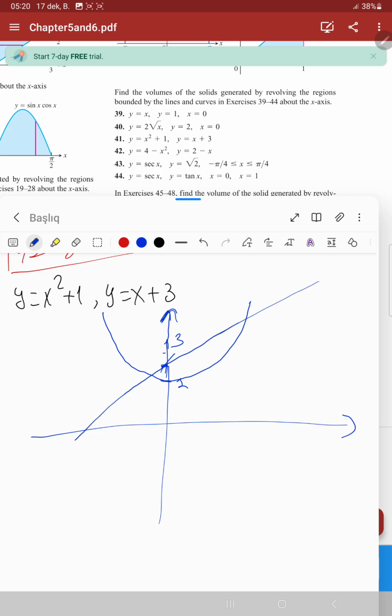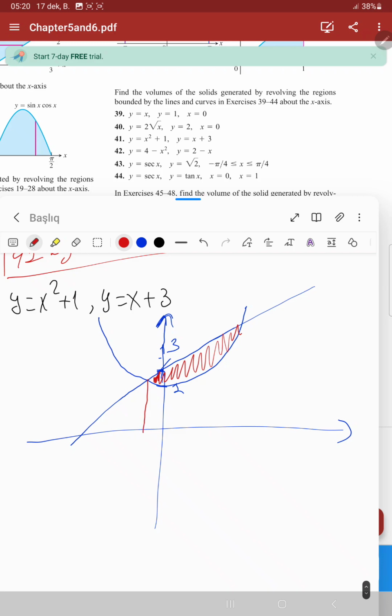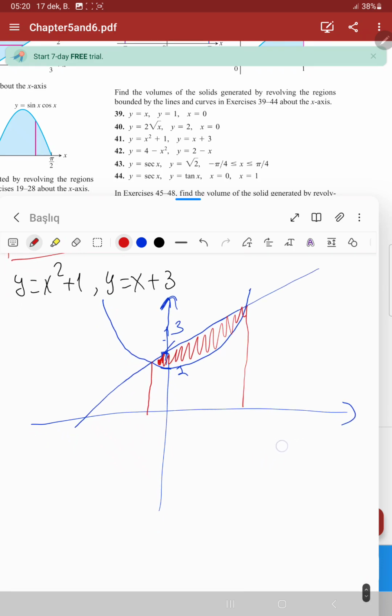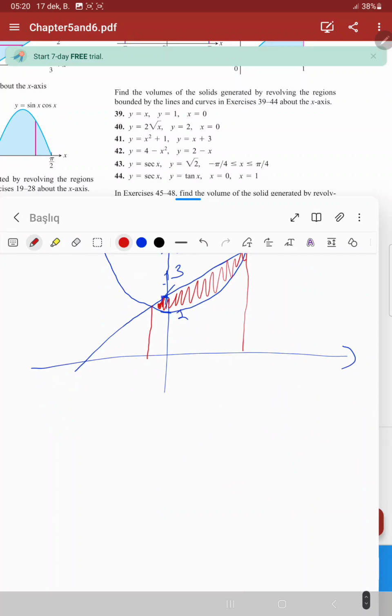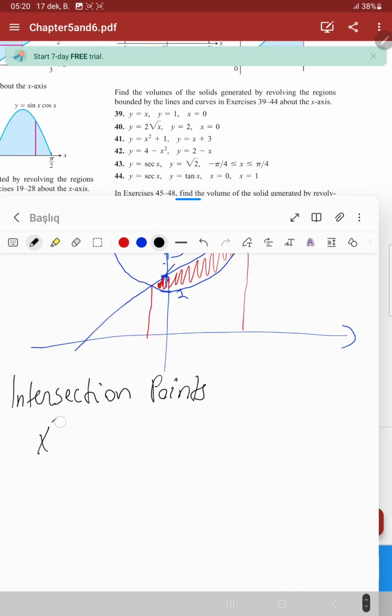Where is the area? Here. And from where to where? From here to here. So we have to find their intersection points. How will we find them? We'll just write it.